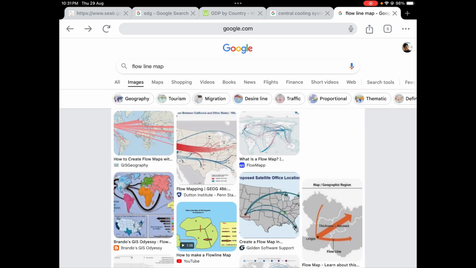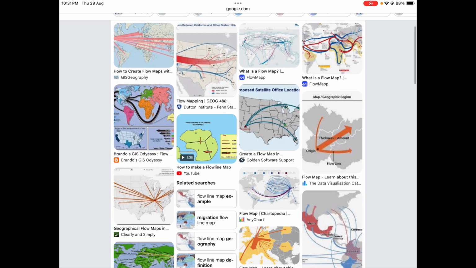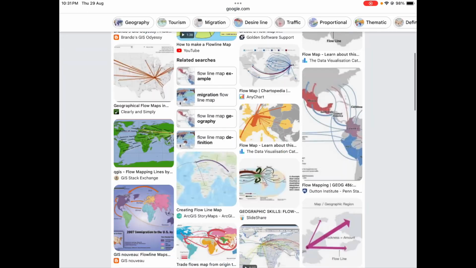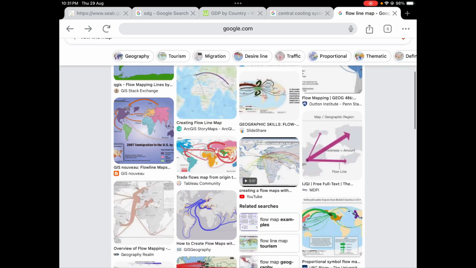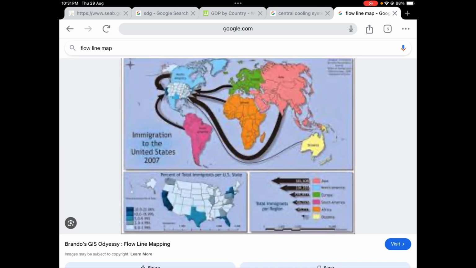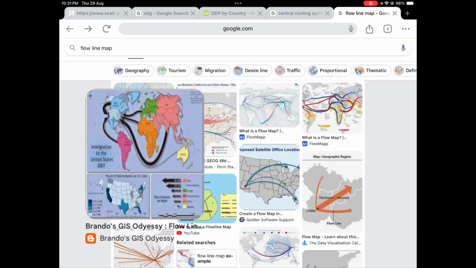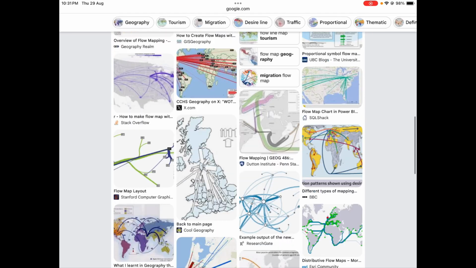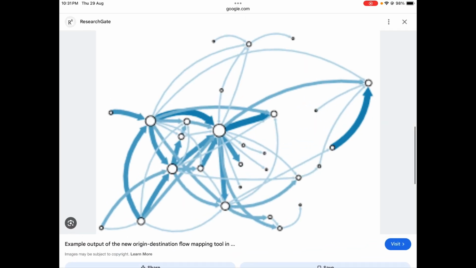Okay, and these are some samples. Alright, let me just find a clearer one. Apparently there's no clearer one, but that doesn't matter. This is immigration. So a tourism map can look something like this.